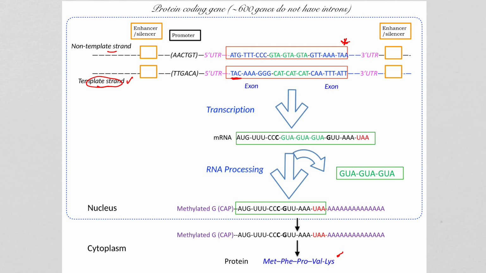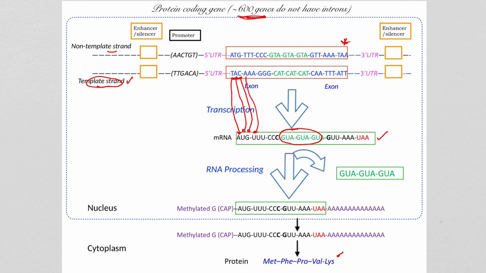Here's the information, TAC. T becomes A in your mRNA. A becomes U. C becomes G, and again so on and so on. A becomes U and so on. Okay, so this whole thing is copied, and then we have the intron. So out of your 20,000 genes, about 600 genes do not have introns, but the remaining 19,000 genes do have introns.